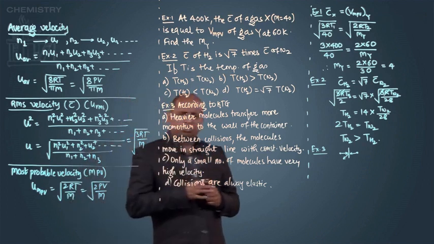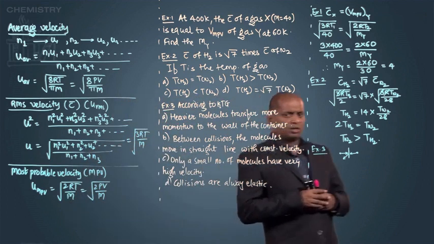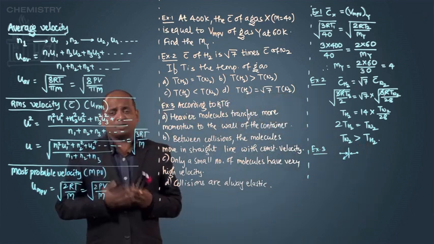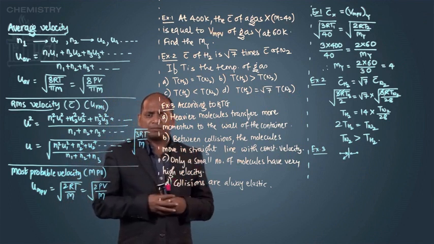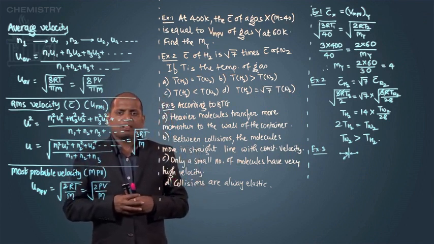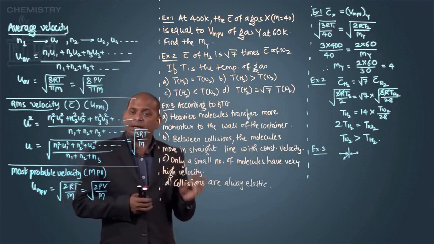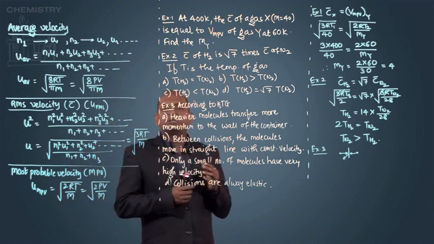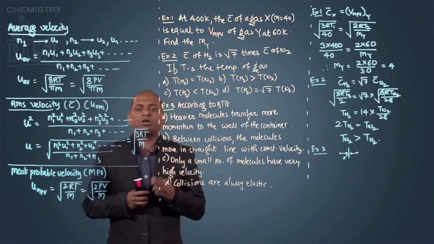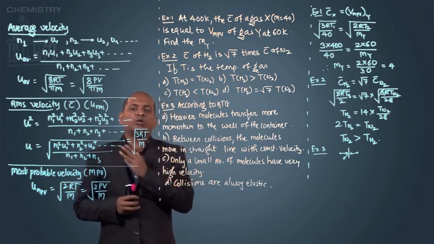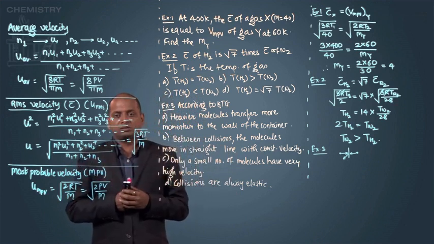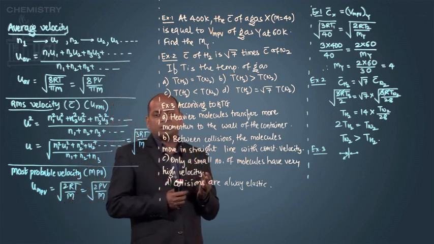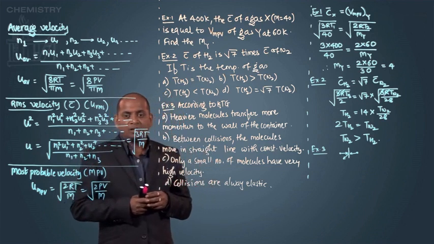But is it true for hydrogen, nitrogen, carbon dioxide, water vapors, sulfur dioxide, these many gases? It was observed that those gases are not obeying all those laws at different temperature, different pressure and different volume.